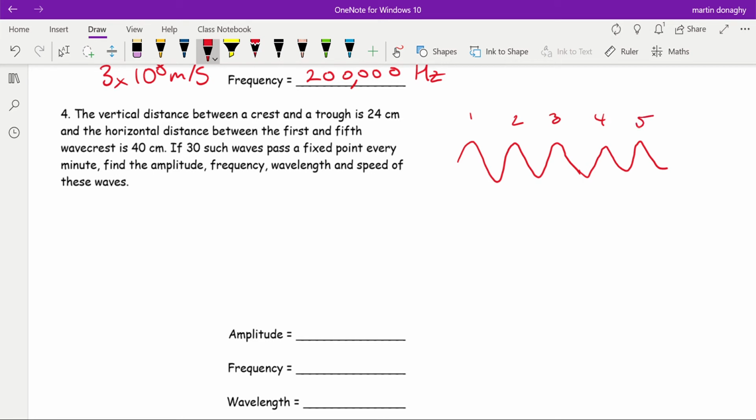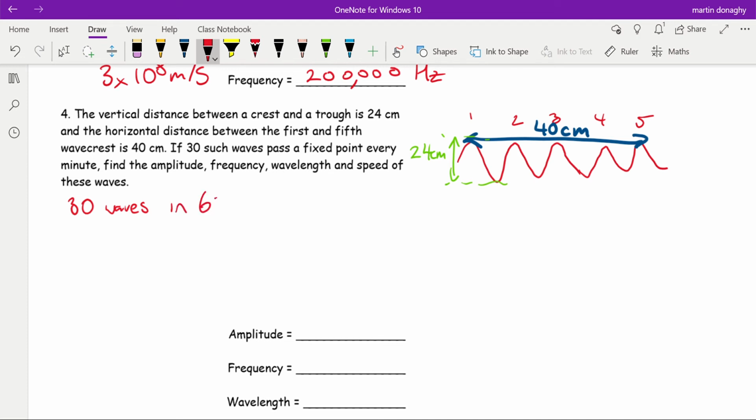So there's our first, there's our fifth. It tells us that that distance from there all the way to there is 40 centimeters. It also tells us that the distance from peak to trough is 24 centimeters, and it also tells us then that we get 30 waves, or 30 oscillations, or 30 vibrations in a minute.